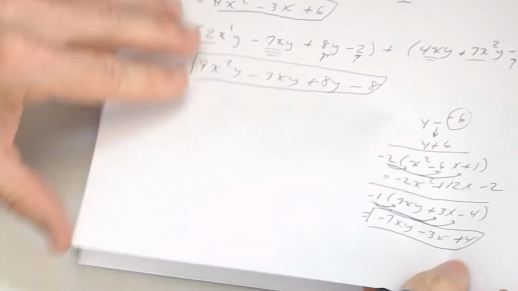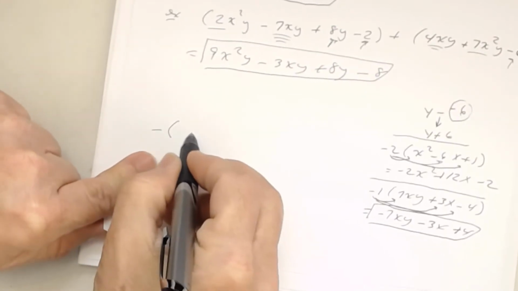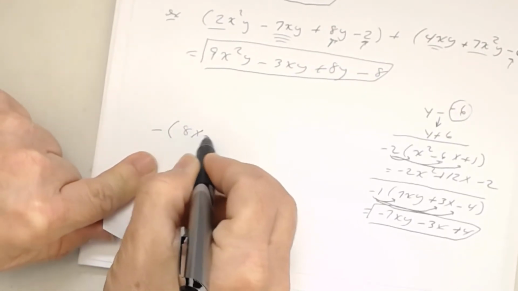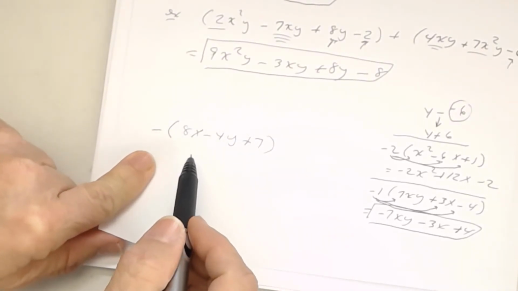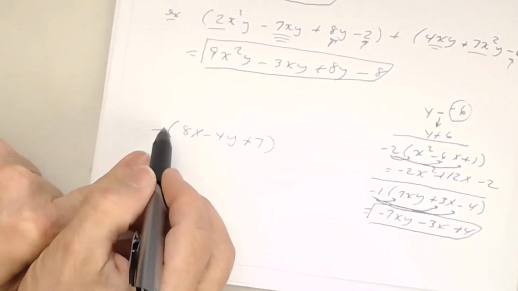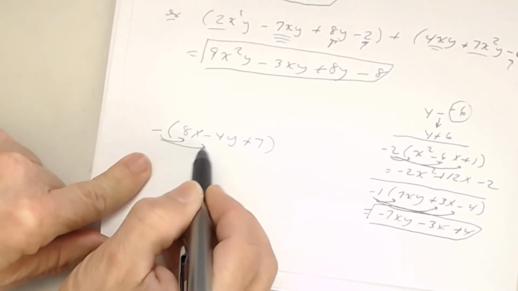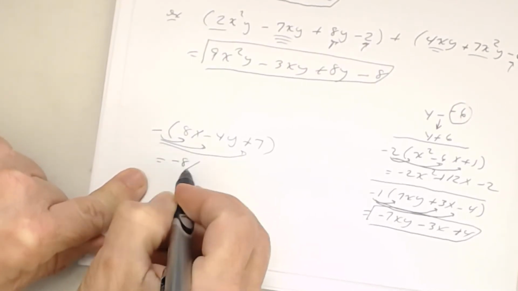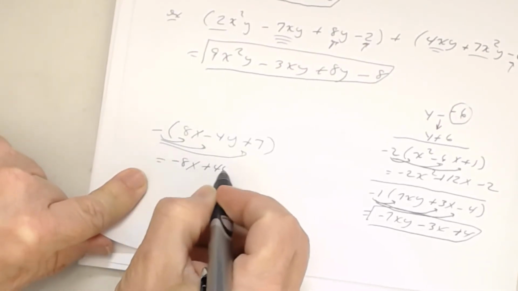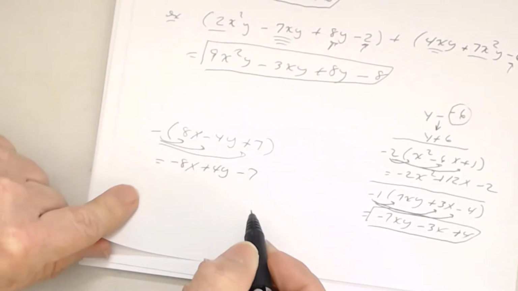Now what if you had this? Let's see if you remember something. Okay, so you can think of this as negative 1. Very good. So you just distribute the negative 1 through here. So that becomes negative 8x, 4y, minus 7.